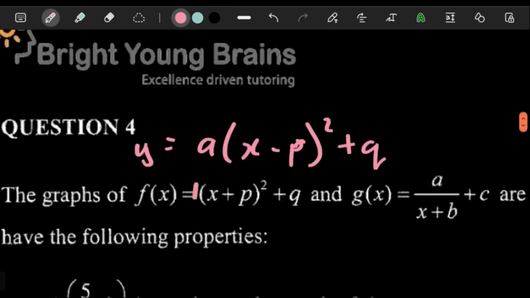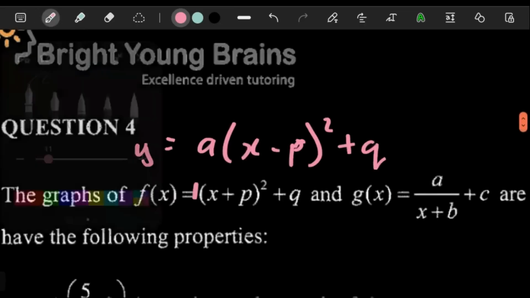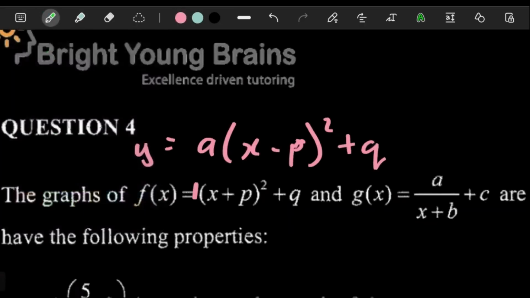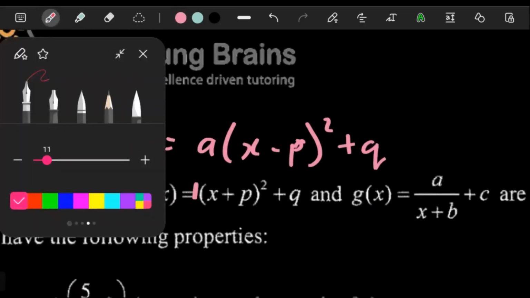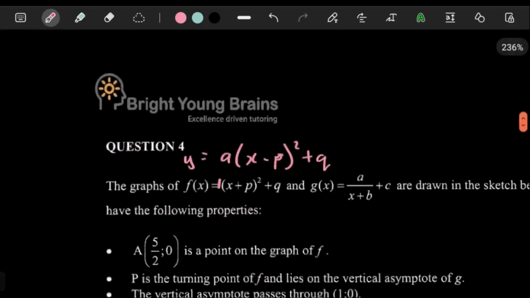In a situation like this one, a is given, it's just the 1. So we can throw in a coordinate that the graph passes through. We can throw in our value of p here, and then we can get q, because as long as we get q, we at least get the full coordinate of p.